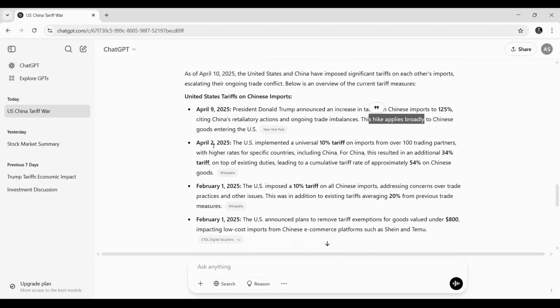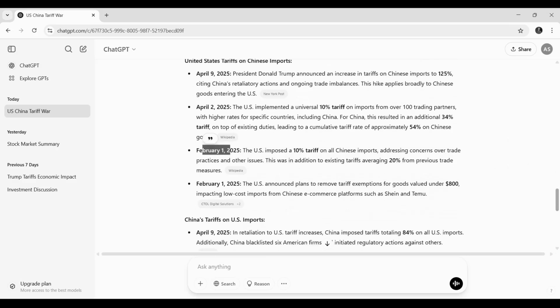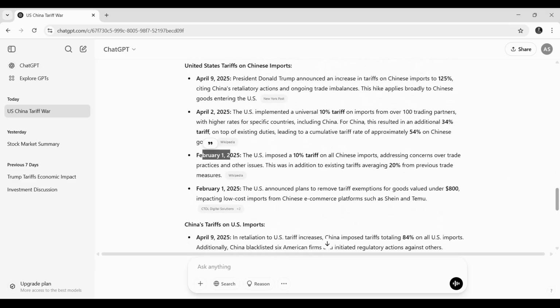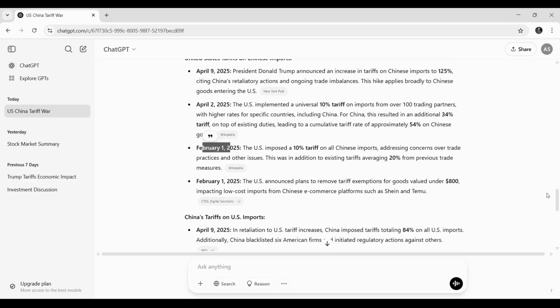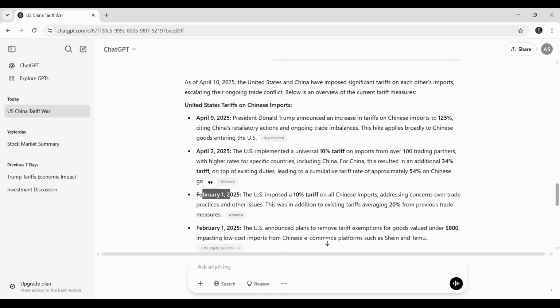Okay, now it is going in backward order. So we have April 12 as well. So what happened on April 12, April 5th here, February 1st as well. Okay, so these are the tariffs imposed by the USA on Chinese imports. Okay, so on April 2nd, the US implemented a universal 10% tariff on imports from over 100 trading partners with higher rates for specific countries, including China.